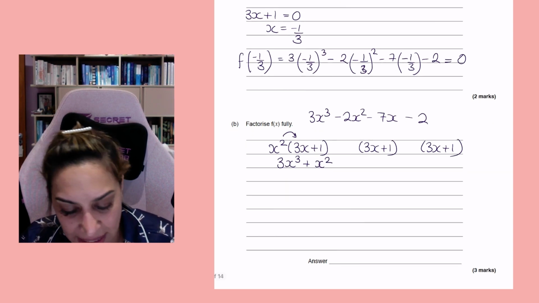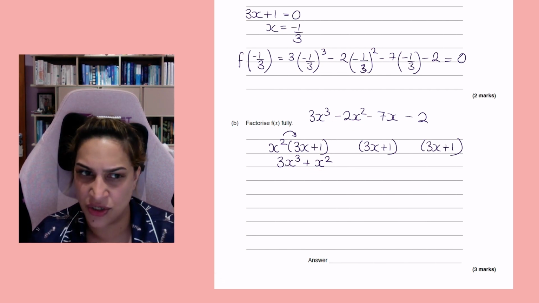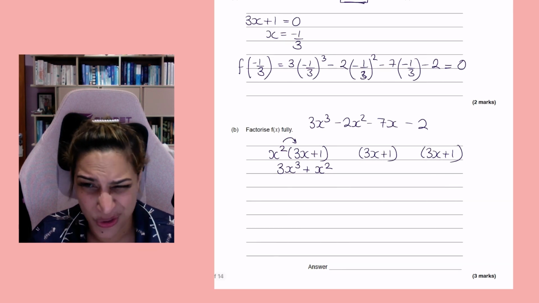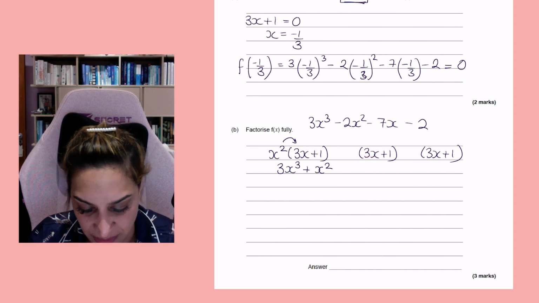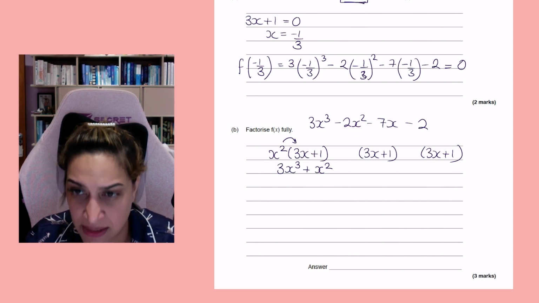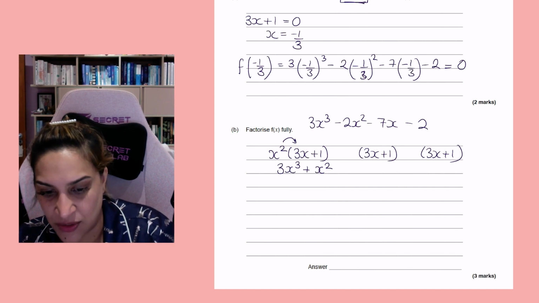So now I have x squared, but I want minus 2x squared. And I also know that I'm going to be multiplying it by that. So I have x squared, I want minus 2x squared, so I need to take away an extra 3x squared.